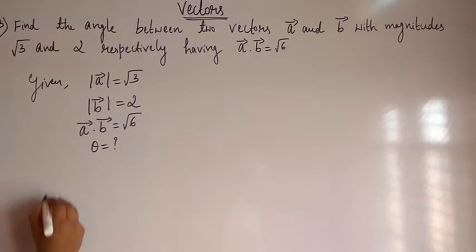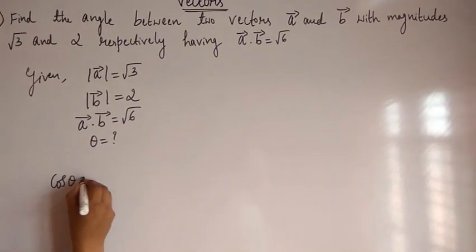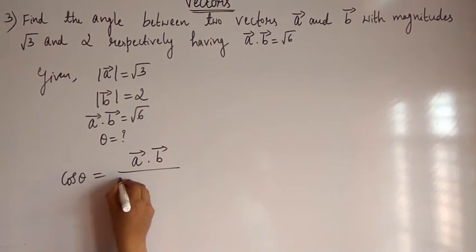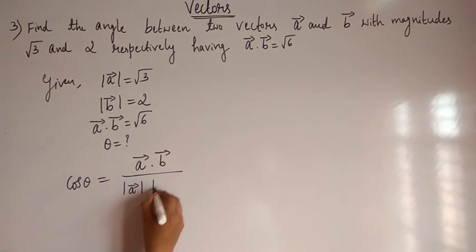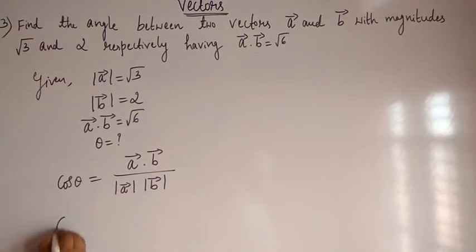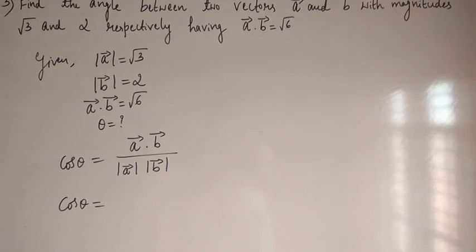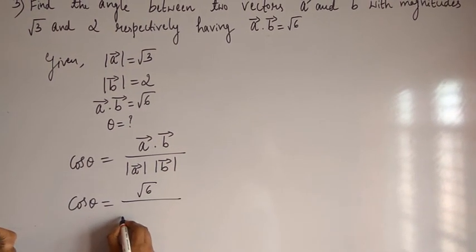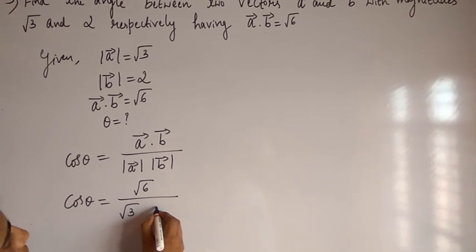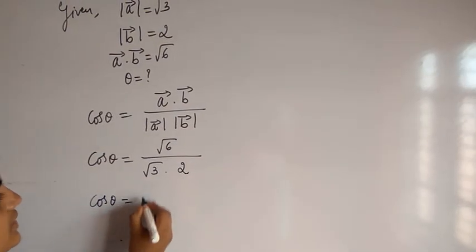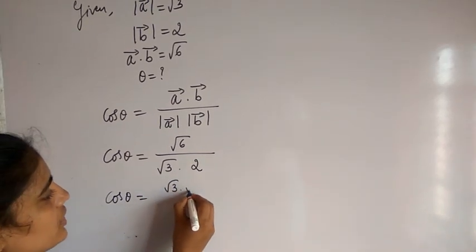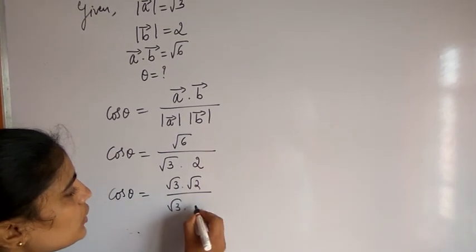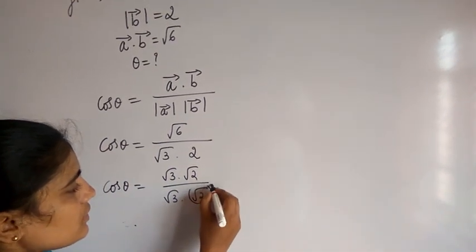Okay. So we have the angle formula. What is cos theta? Cos theta is equal to vector A dot vector B by magnitude of vector A into magnitude of vector B. So therefore cos theta equals vector A dot vector B value is root 6, by magnitude of vector A root 3 into magnitude of vector B. Cos theta equals root 6, which can be written as root 3 into root 2, by root 3 into, here we can write 2 as root 2 whole square, right?